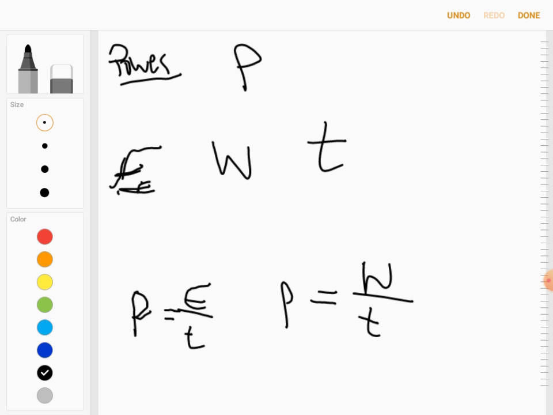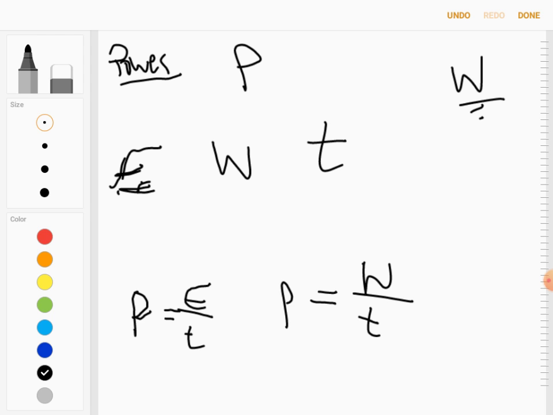Now, the SI unit is watts, and the symbol is once again an uppercase W, the same as work. That seems confusing, but it's not that big of a problem, because work is just a variable, and watts is just a unit. So they're not necessarily going to be put together in a situation.